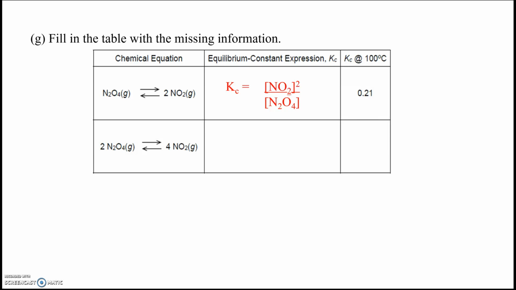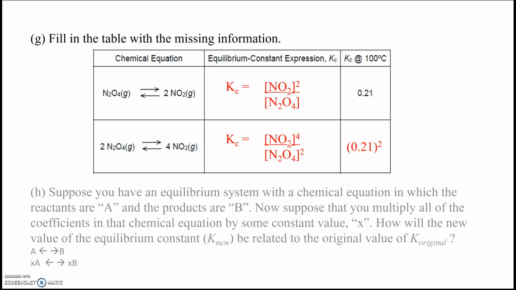So I can write my equilibrium expression just as before because I plug in the correct stoichiometric coefficients, only instead of 2 in the numerator and 1 in the denominator, it's 4 in the numerator and 2 in the denominator. And when I plug in that number, I'm going to get 0.21 squared for my Kc value.